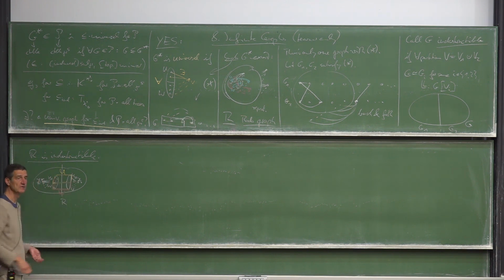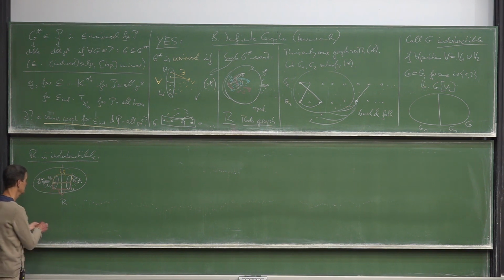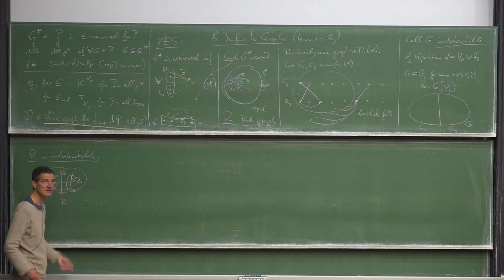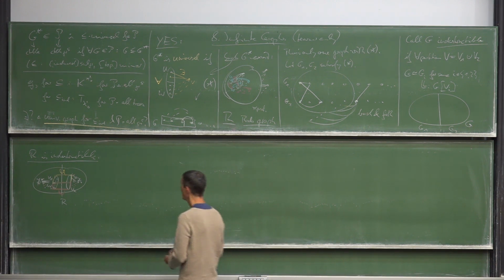Then this U, W witnesses that the entire graph doesn't satisfy star, because if it did, there would exist a vertex V that is correctly joined to U and correctly not joined to W. But this V would have to live on the left or on the right. And no matter where it lives, it would then witness that U1, W1, or U2, W2 were not counterexamples as we chose them to be. Okay, so that's easy. R is indestructible.